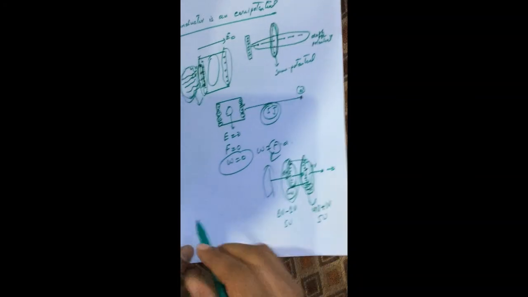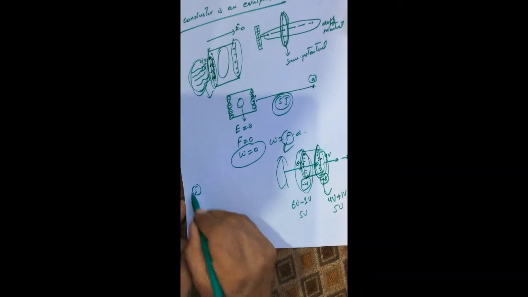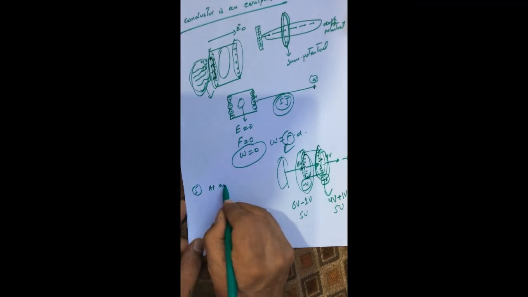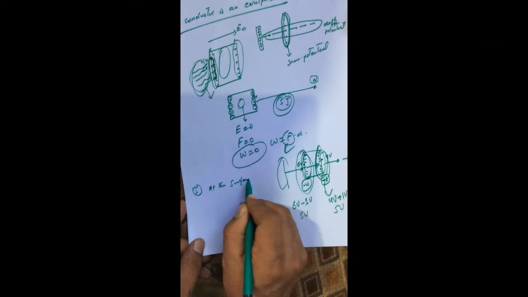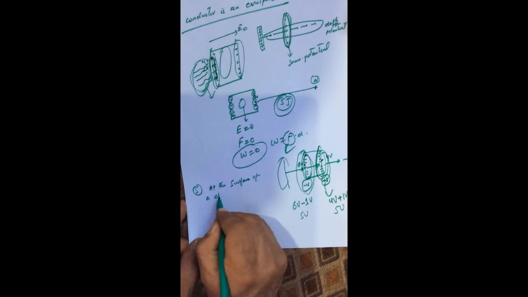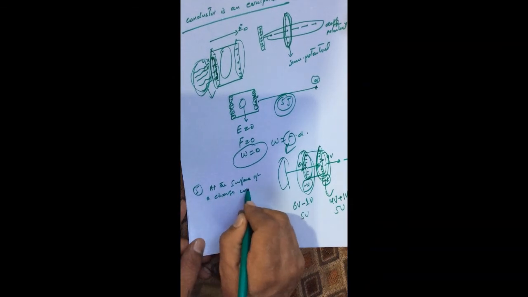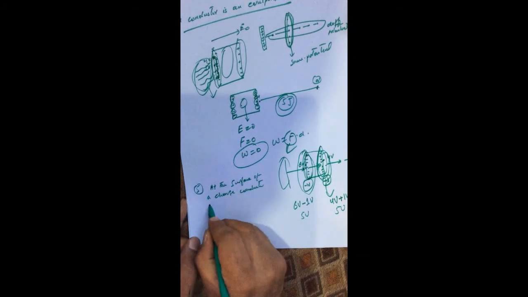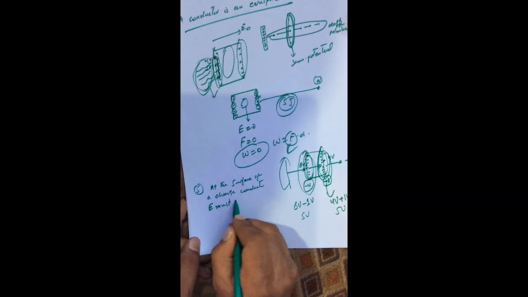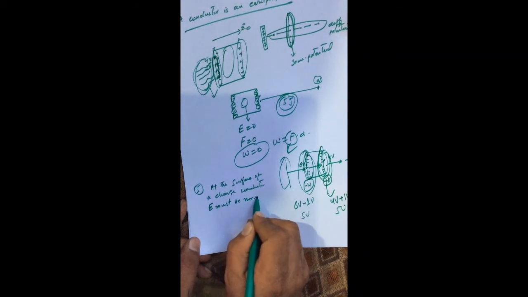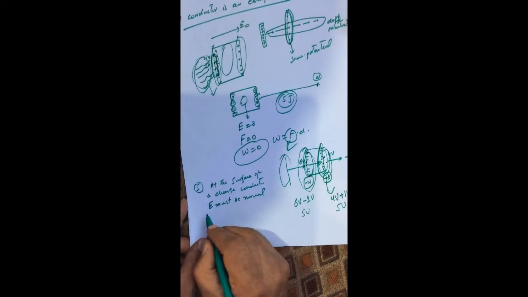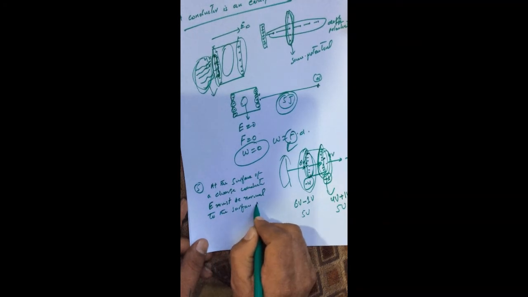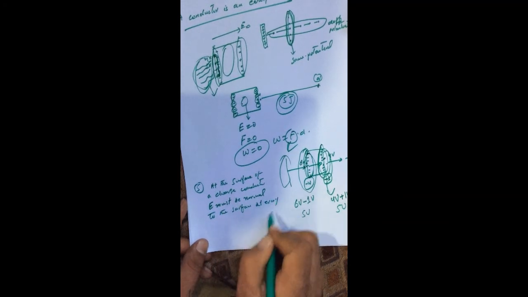And the next property, the fifth property, is that at the surface of a charged conductor, E must be normal to the surface at every point.